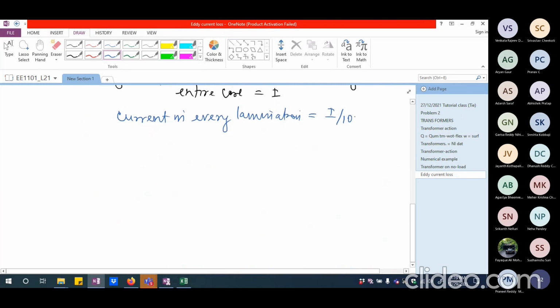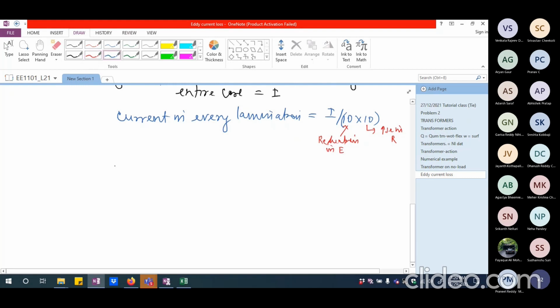I divided by 10 because of the voltage reduction, and another factor of 10 comes because of the increase in the resistance. So this is due to increase in R, and this is due to the reduction in E. Both of these are going to play a very vital role in reducing the current through the core.